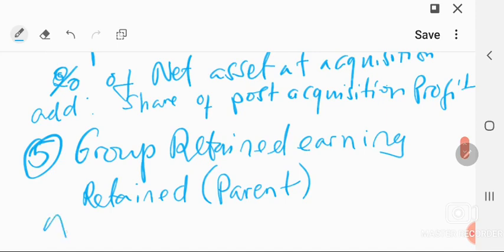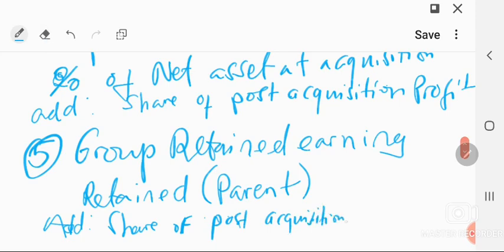Then add a share of post acquisition profits. How do you get the same share? Post acquisition profit. So this share, as we said, you go back to the group structure.